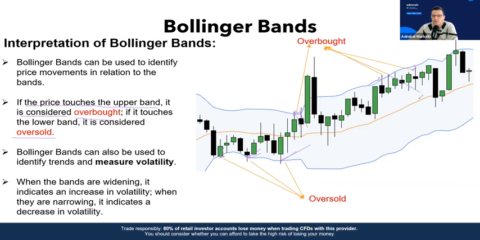Here the same, here the same, touches and moves away. But in this case, we see that the market's volatility increases so much that the bands are just not respected by the price, and the price just explodes to the upside.